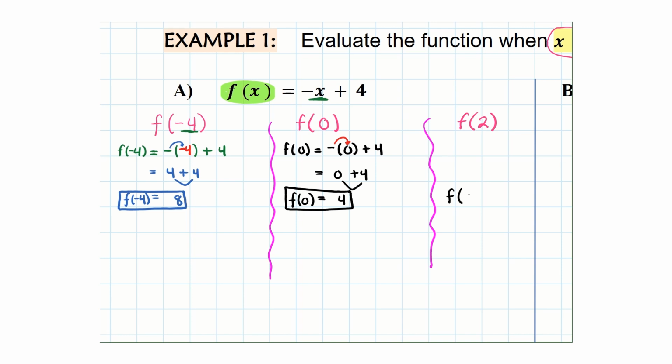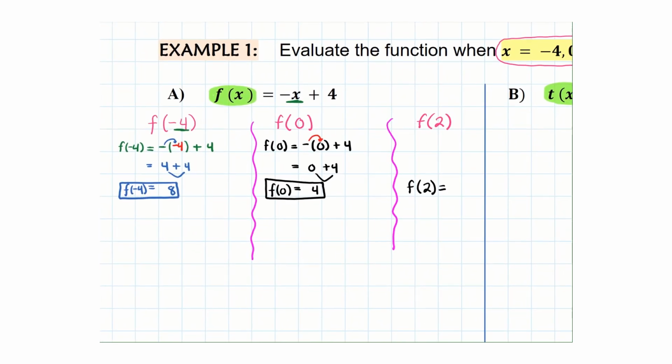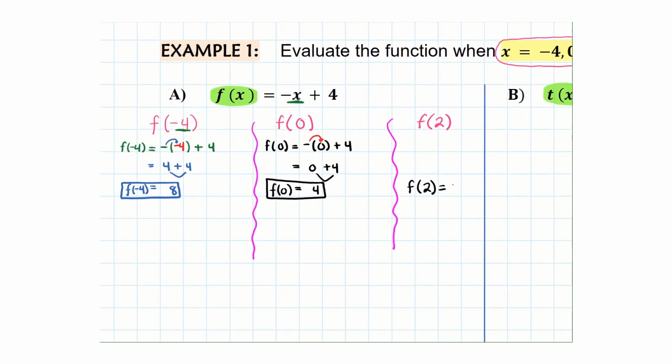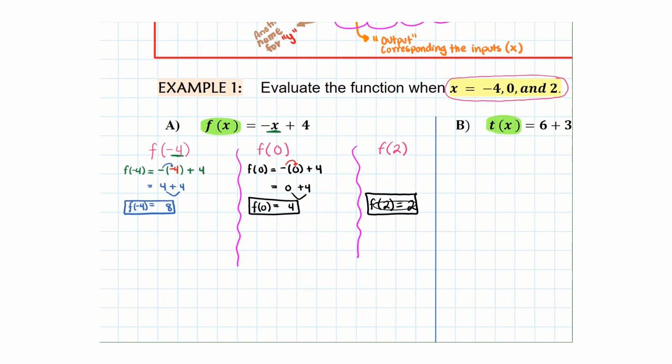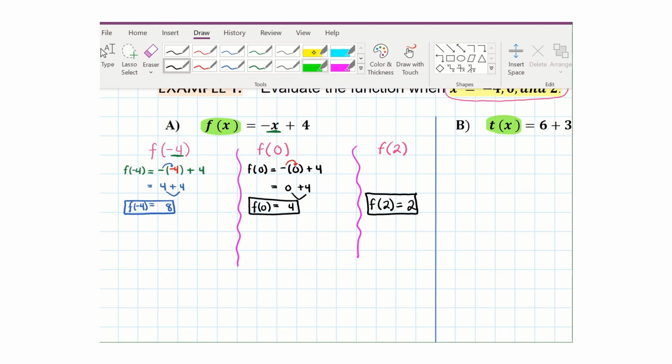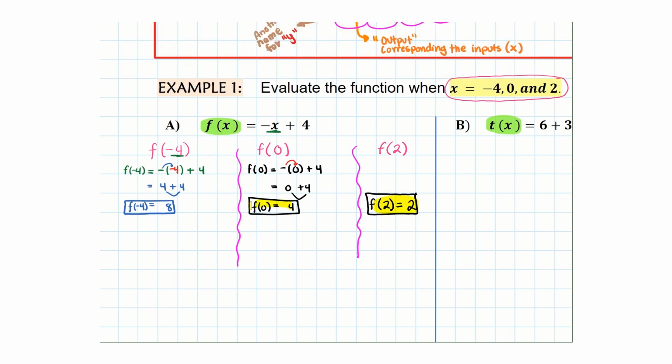We'll repeat the process for f of 2, but we're going to do this mentally. If you need to work it out, you can do it on your paper. So f of 2 will be +2. When 2 comes into our rule, 2 also comes out. So we have found our output for each of those input values, which is 8, 4, and 2.